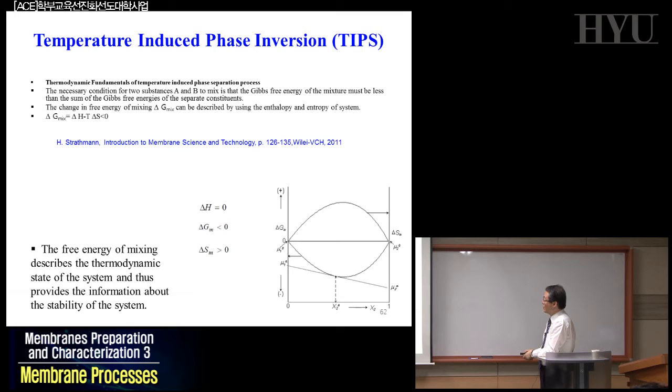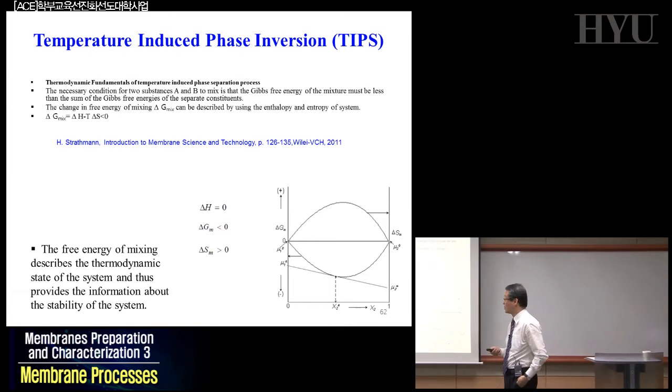So the free energy of mixing, delta GM, is always negative when you have a spontaneous mixing, and delta SM is always positive, whereas delta H is relatively 0 if you have an ideal mixture of the binary mixture in this case. So with this system, I think it will be very useful to describe what's happening in our mixing cases.